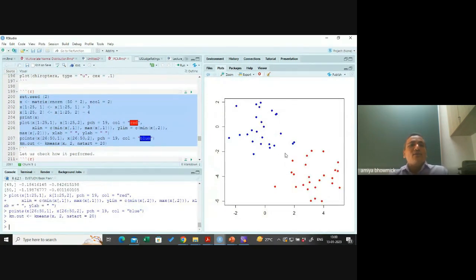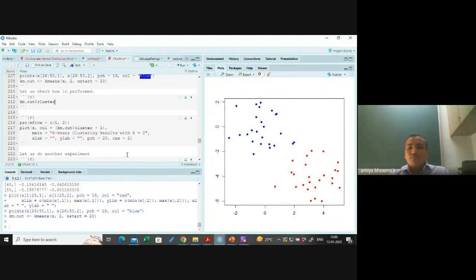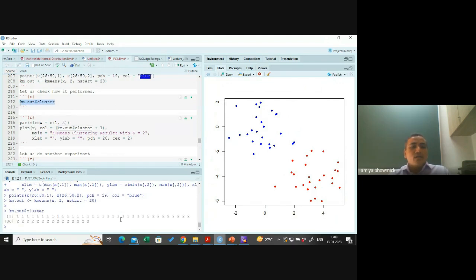So in identifying these 2 clusters, how did it perform? As we observe, perfectly identified, right? The first 25 observations as 1, the next 25 as 2. So it's a perfect clustering they have done.